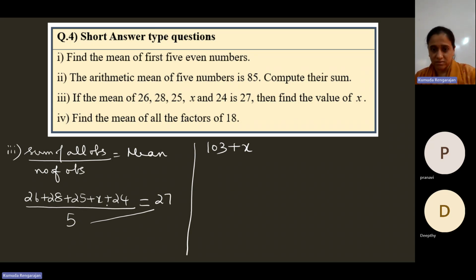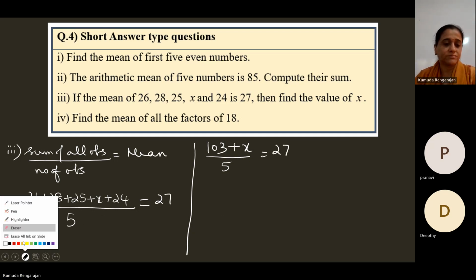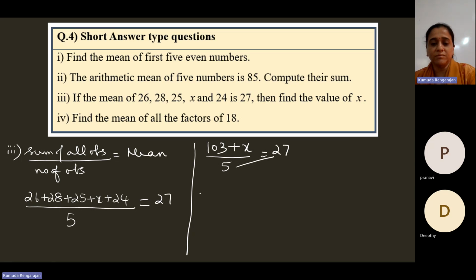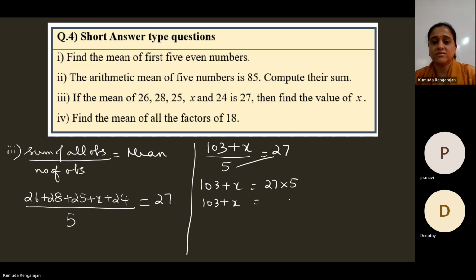Then that plus x divided by 5 is equal to 27. Cross multiply. 103 plus x is equal to 27 into 5. 5 7s are 135. Correct.